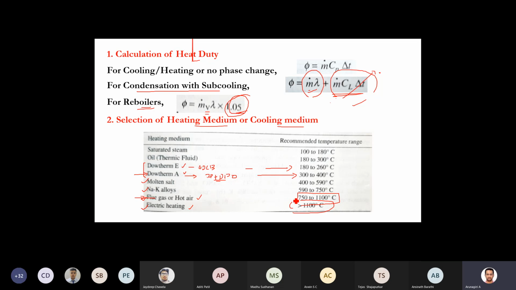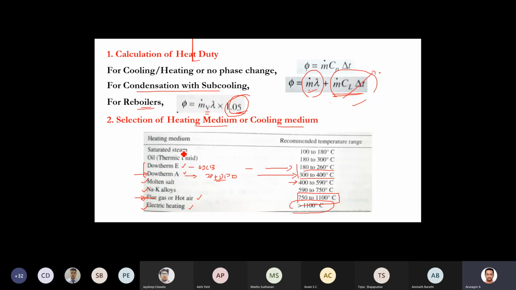The sodium potassium alloys, sorry, 590 to 750 degrees centigrade. Molten salt is 400 to 590 degrees centigrade. Dowtherm A is 300 to 400, Dowtherm E is up to 300, and saturated steam up to 180 degrees centigrade.